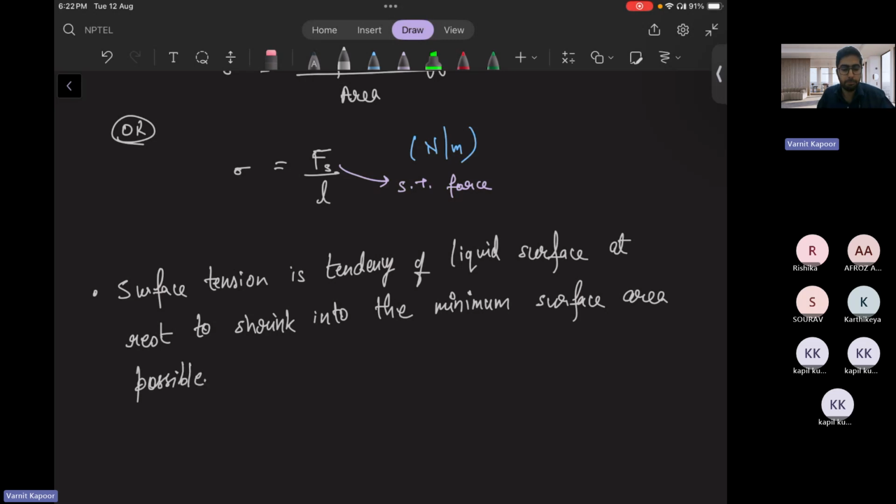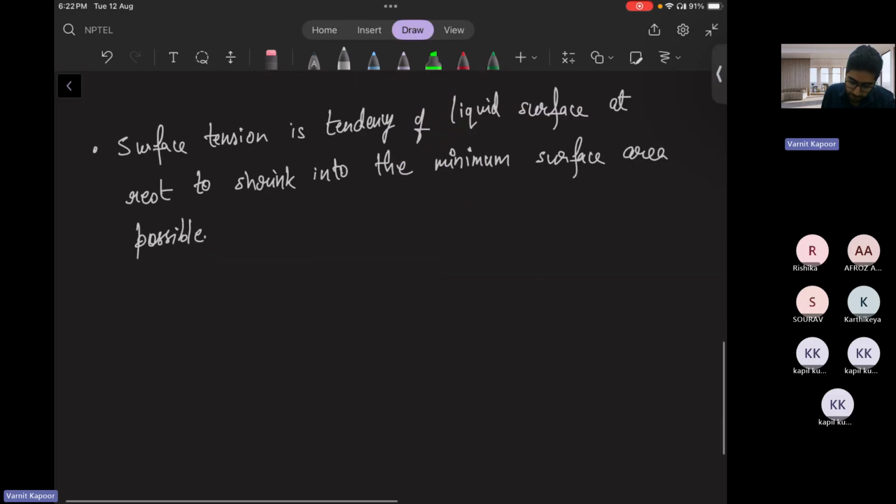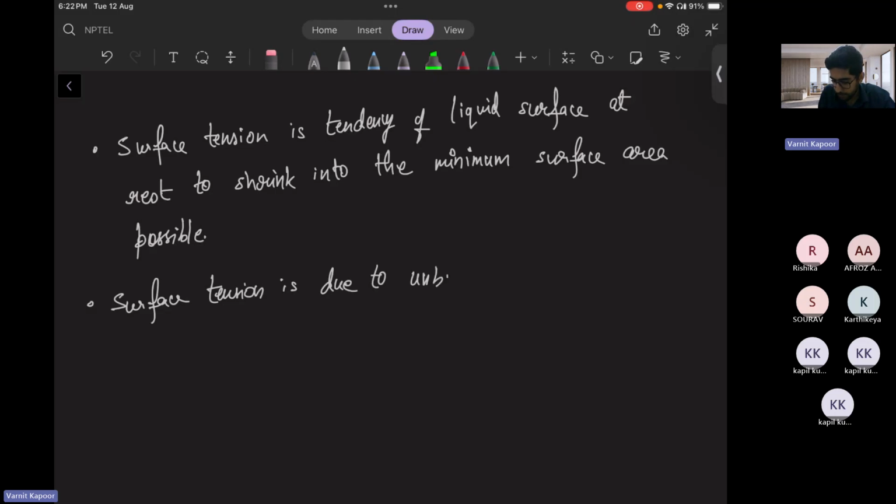Surface tension is due to unbalanced cohesive forces.